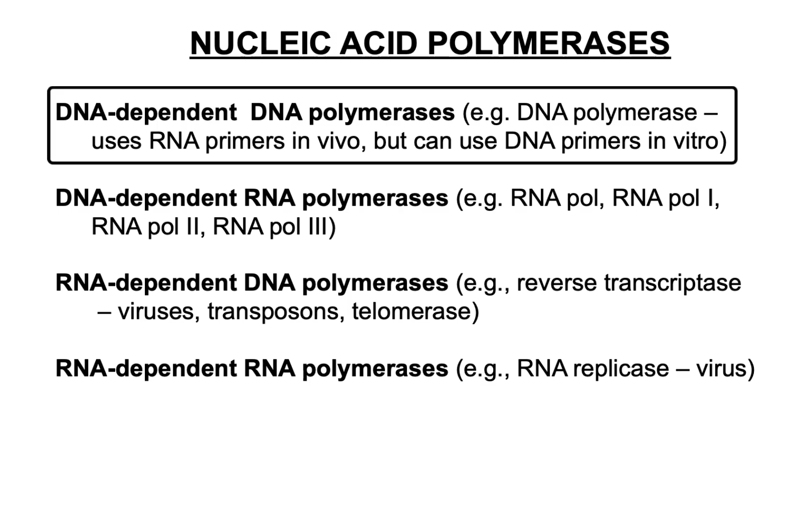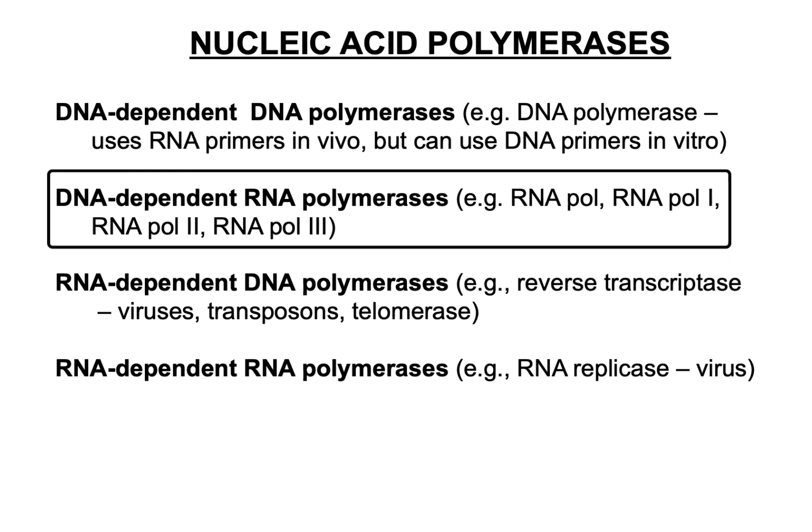So DNA replication is performed by DNA polymerase, of course, but it still uses RNA primers, which tells you a bit about its history. So DNA polymerase is a DNA-dependent DNA polymerase, but there also are related molecules in the same family called DNA-dependent RNA polymerases, and those are the ones we talked about in the past few videos, including RNA polymerase, RNA pol1, pol2, pol3, and then I talked briefly about pol4 and pol5 as well.